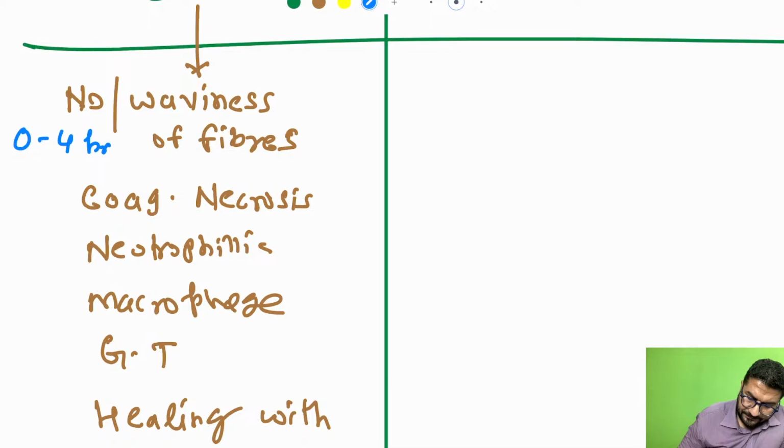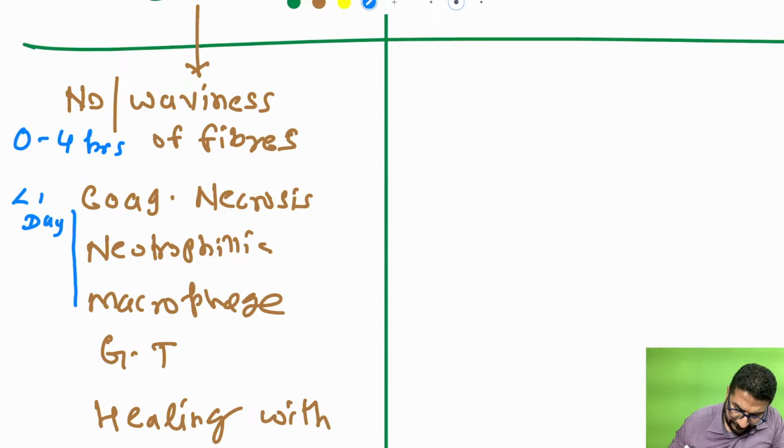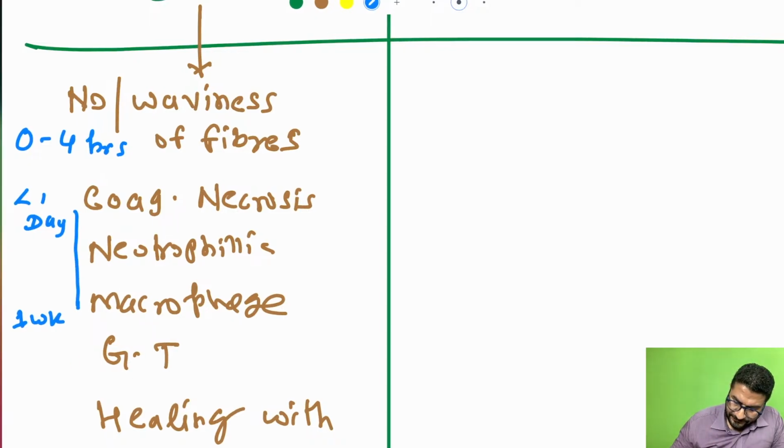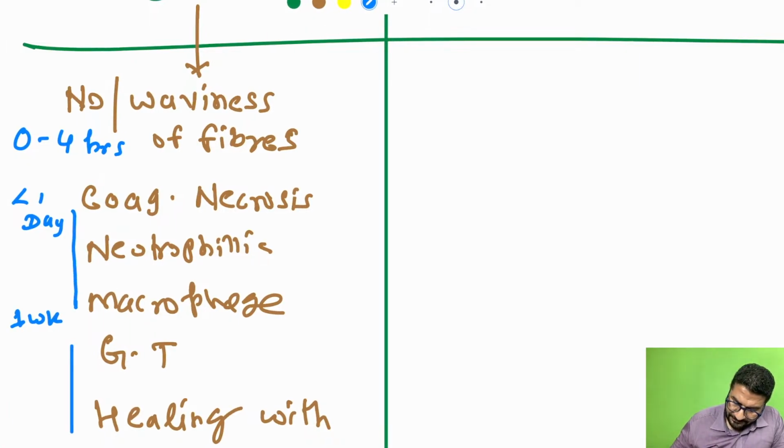Then from 4 to 24 hours, in less than 1 day, you will notice necrosis. Then these are the changes from 1 day to 1 week. You can notice macrophages, which generally come on the 5th to 7th day. And these are the changes which will occur from 1 week to 1 month.